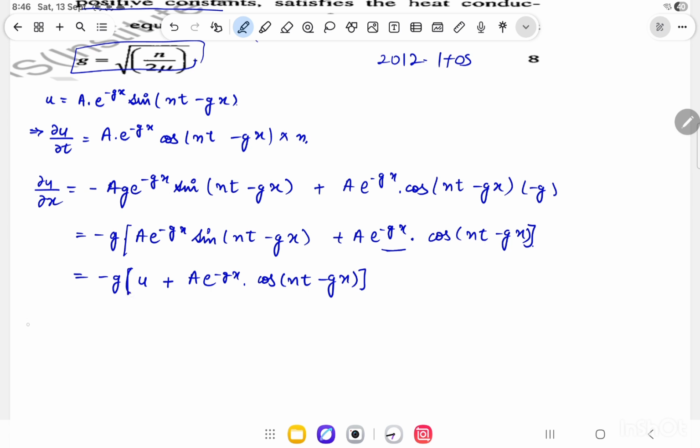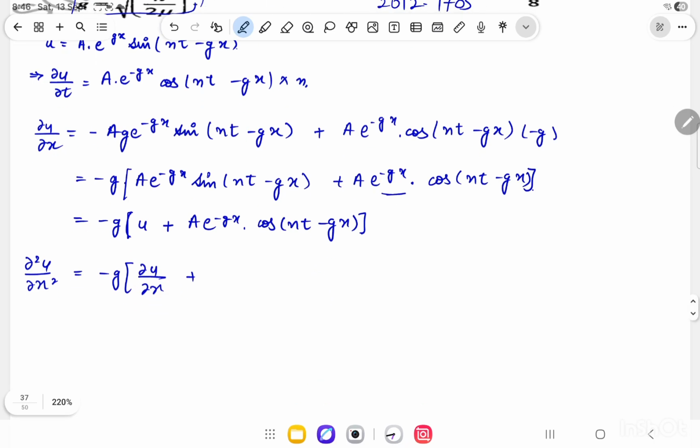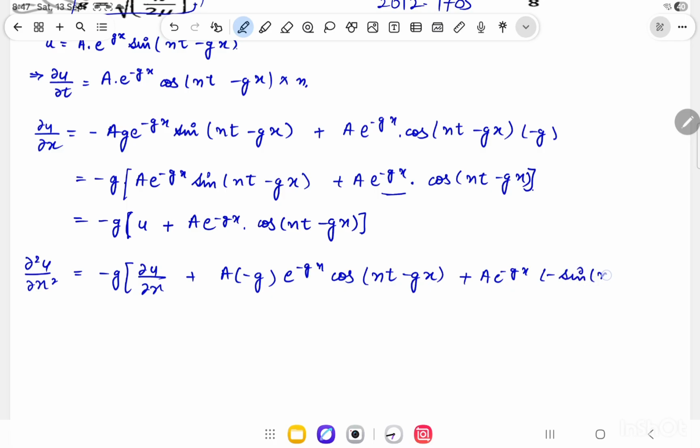So now del square u by del x square will be basically equals to minus g into del u by del x plus a into minus g e raised minus gx into cos nt minus gx plus a e raised minus gx into a minus sine nt minus gx into minus of g.